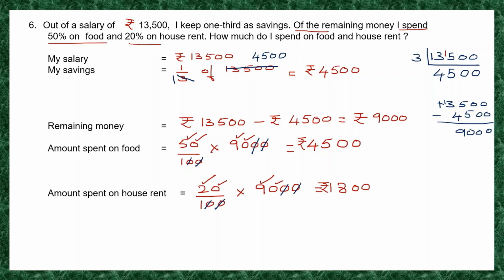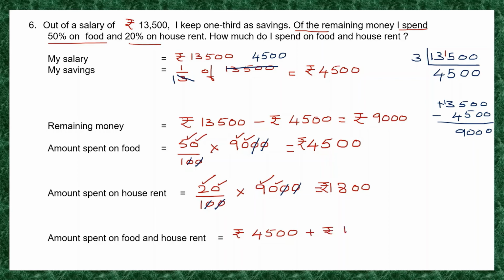Now the final question: how much do I spend on food and house rent together? That means I need to add these up. The amount spent on food is 4,500. The amount spent on house rent is 1,800.